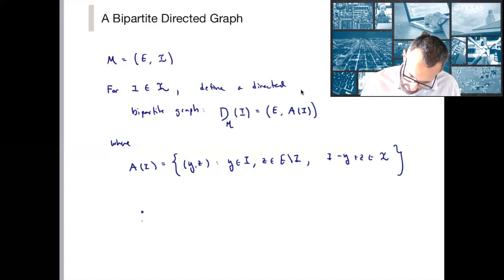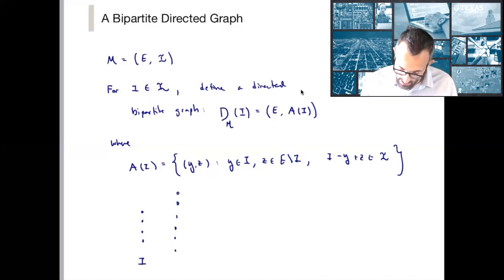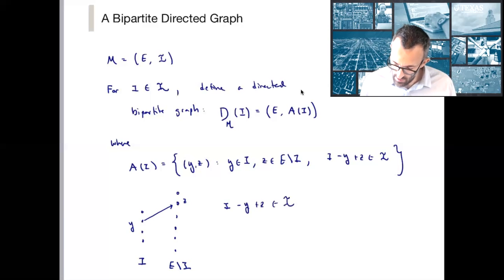We're going to use this picture a lot in the sequel. So here I'm going to draw all of the elements of the ground set. And on the left, I'm going to put the elements of my independent set. And on the right, I'll put the complement. So this is a graph that has edges that point from I to E minus I. And for there to be this edge from Y to Z, that edge signifies that I minus Y plus Z is also an independent set.